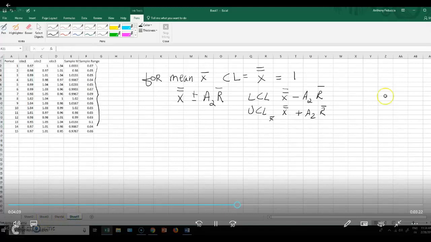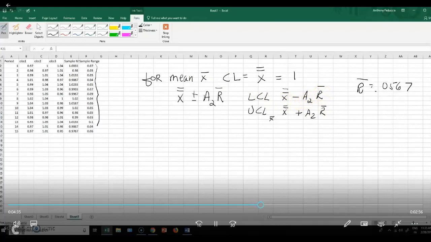So R bar is equal to 0.0567. So to find the lower confidence limit, you take 1 minus the multiplication of A2 times R bar.